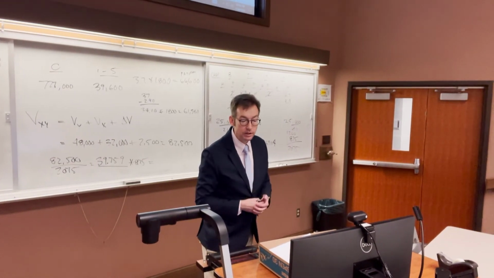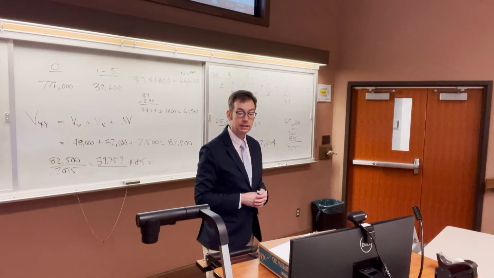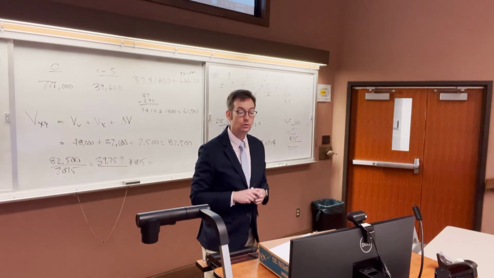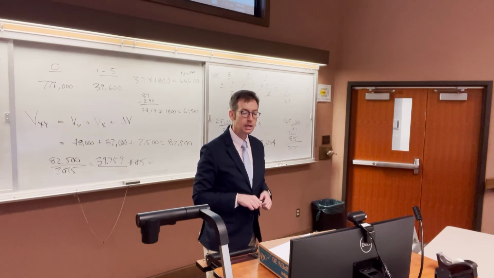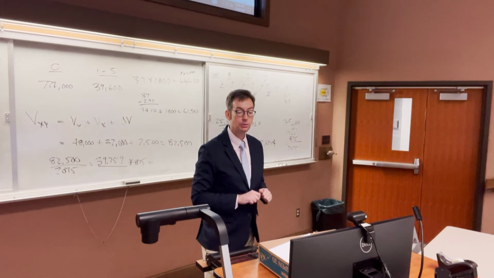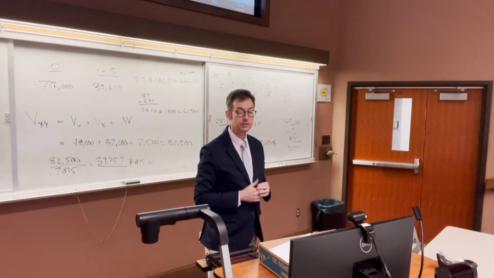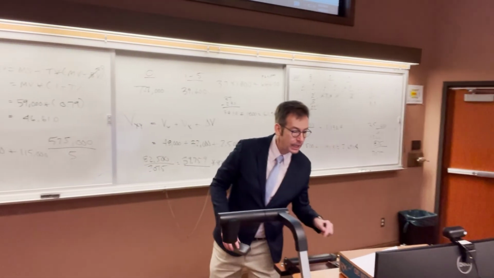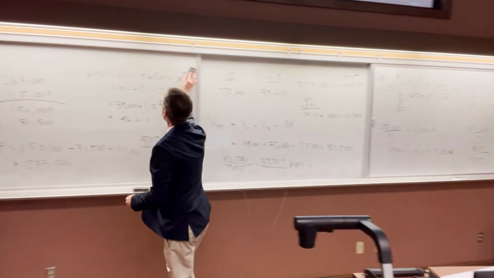Common stock, we've got 480,000 shares outstanding, selling for $66 a share. The beta is 1.09. The market risk premium is 9%, and the risk-free rate is 5.6%. So here's where we're headed: we're going to calculate the weighted average cost of capital.